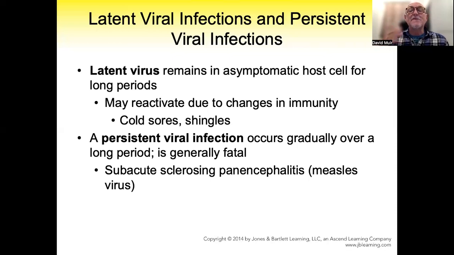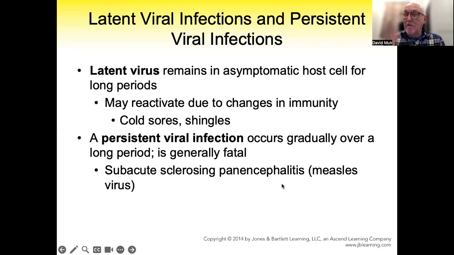But in some cases, fortunately extremely rare, the infection is never completely wiped out by the immune system. Instead, it persists in neural tissue over a very long period of time, of about a decade or so, and then manifests itself as this terrible disease, subacute sclerosing panencephalitis.